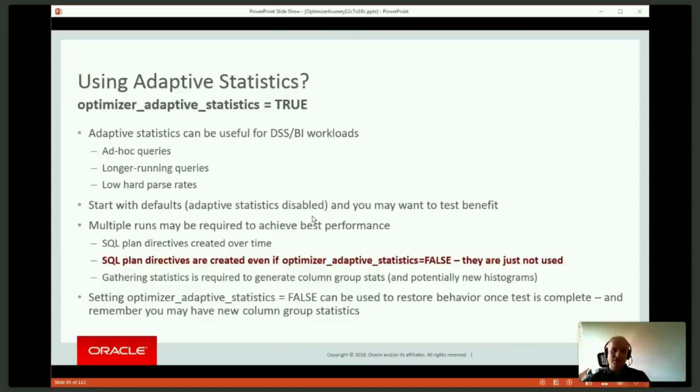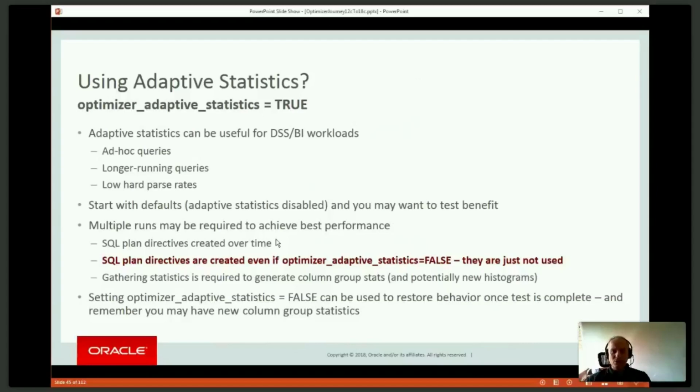You can start with the defaults and you can test the benefit. Obviously, that's something worth doing. But bear in mind that if you're running your test multiple times, it will take some iterations before the best performance is reached, because the metadata is being gathered over time. The optimizer is essentially evolving its statistics over time.